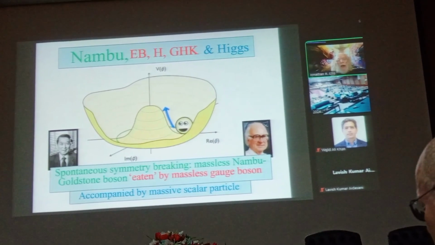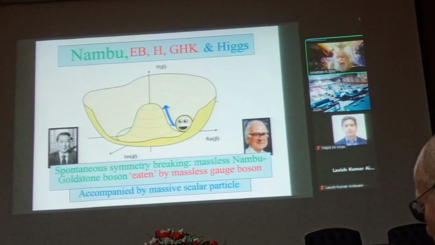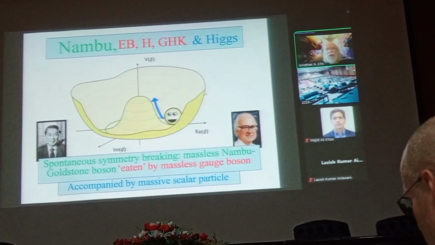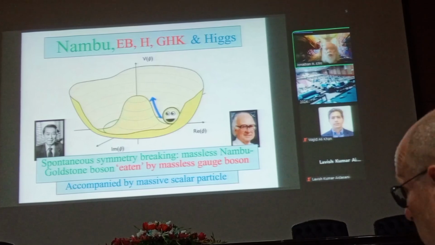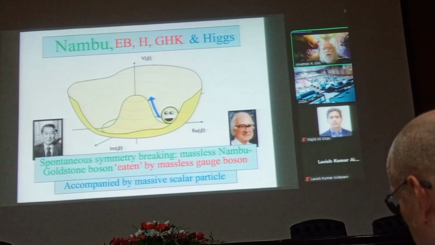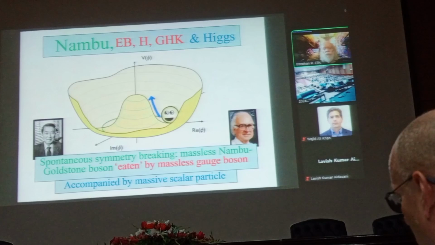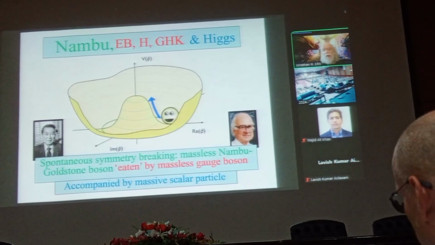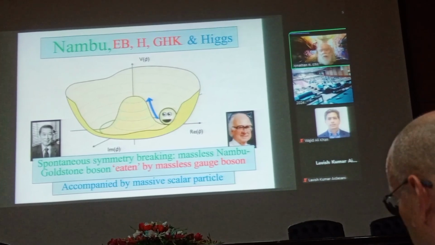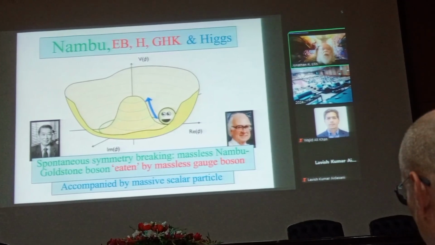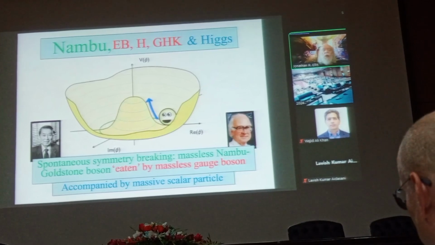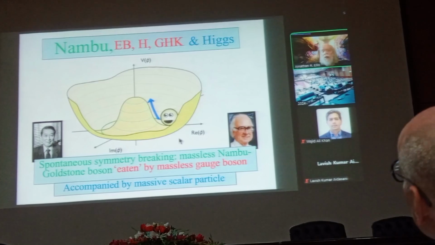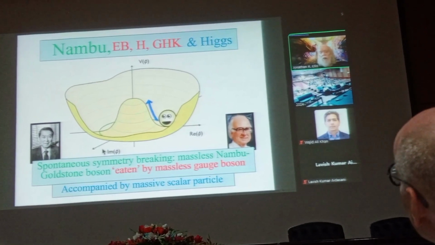So on this slide here, I'm trying to illustrate in this picture the idea of spontaneous symmetry breaking and the contributions of the various different founders of the subject. So the picture in the middle illustrates the shape of the effective potential, the energy level, which they postulated. So you have some field phi, which in the simple model has real and imaginary components.